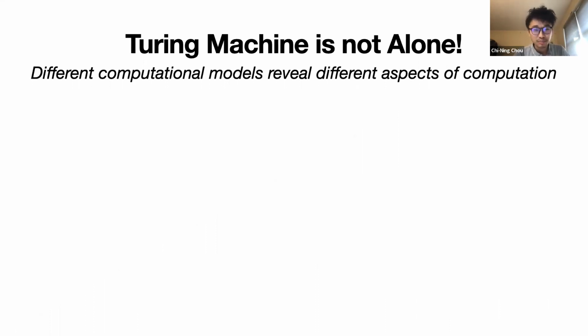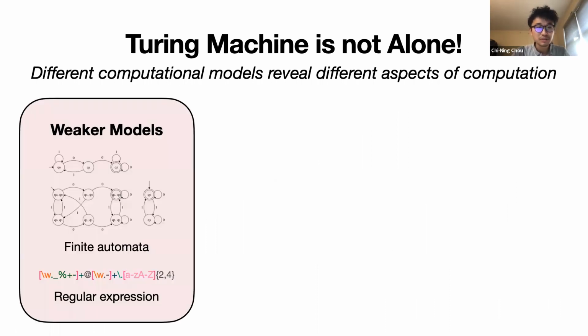The first part I'm going to talk about is different computational models. Yesterday we mainly focused on the Turing machine, but actually the Turing machine is not alone. There are lots of different computational models, including some weaker models, in the sense that they are mathematically weaker than the Turing machine.